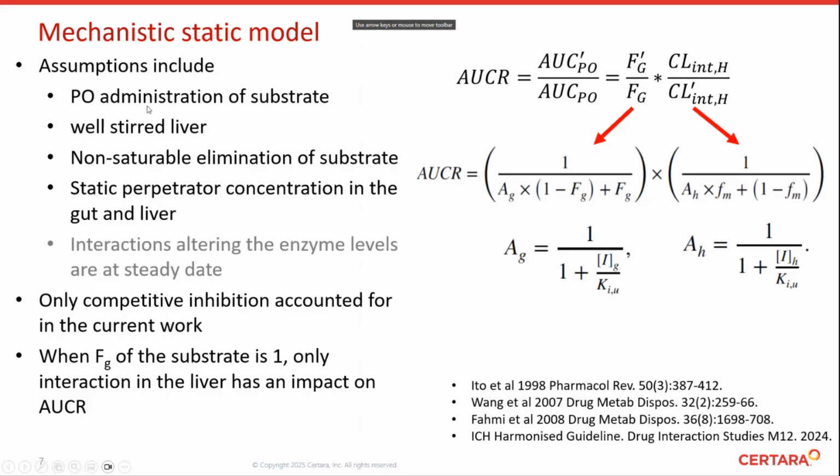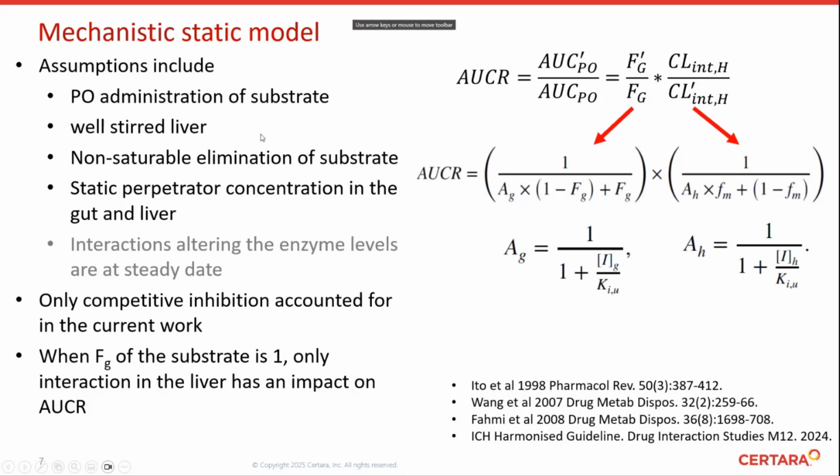And this is actually quite important: it's oral administration of the substrate, and it's not only related to the gut wall metabolism, but the liver part also assumes oral administration. If the substrate were IV administered, this equation would not be applicable.